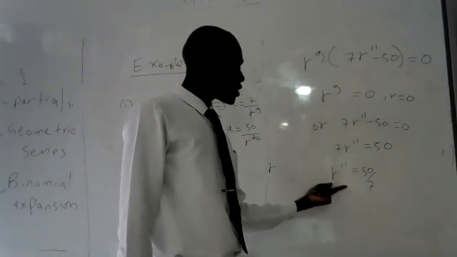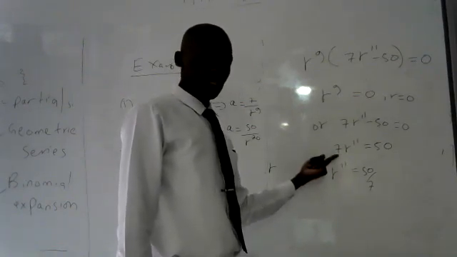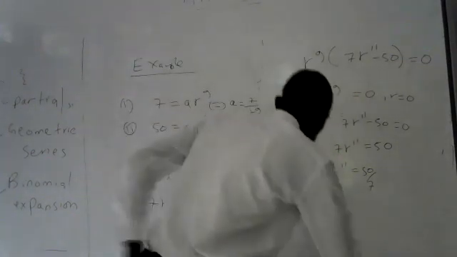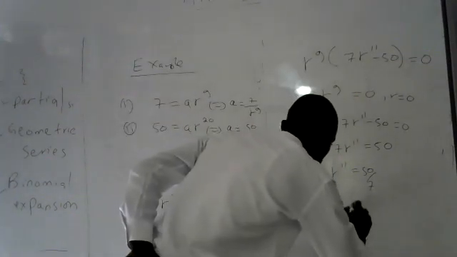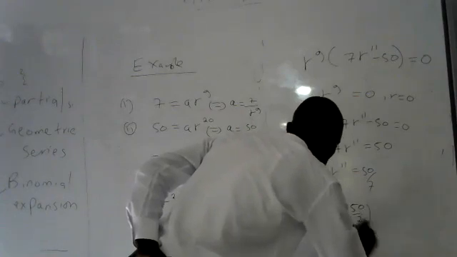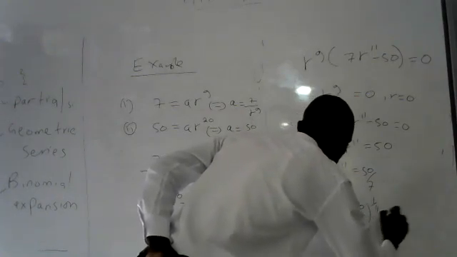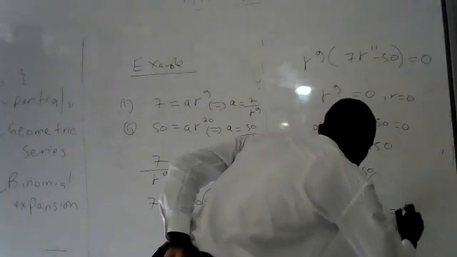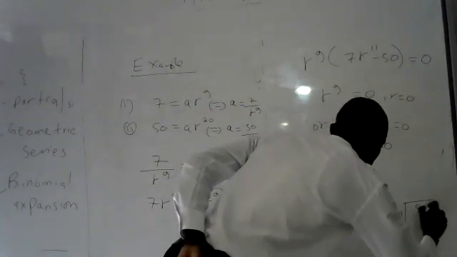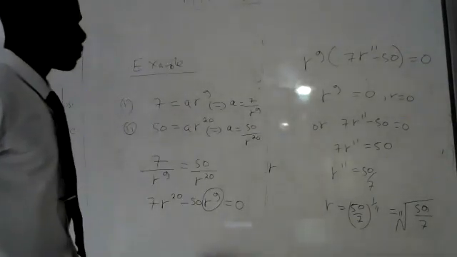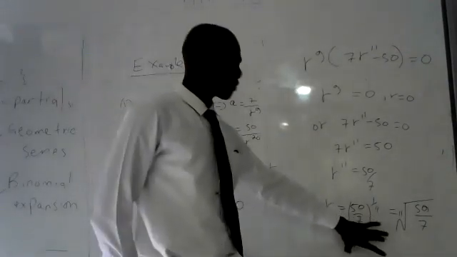To compute R, simply find the nth root, in this case the 11th root. So R is going to be 50 divided by 7, all raised to power 1 over 11, or the 11th root of 50 divided by 7. Okay, this is going to be your R.